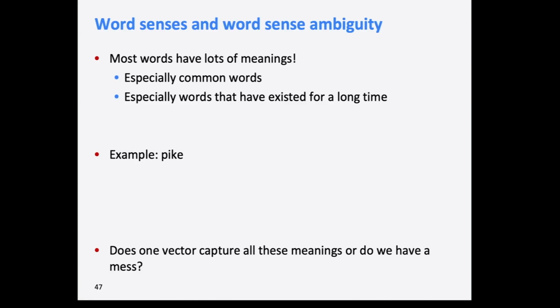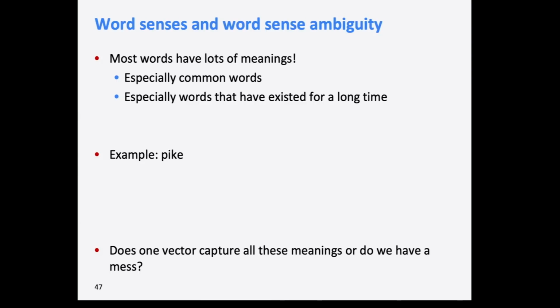That's especially true of common words, and of words that have existed for a long time. It's not true of new, very technical words. You know, carcinoma, I think that only has one meaning. But if you think of any relatively common word and start scratching your head for a moment, you'll find it has lots of meanings.